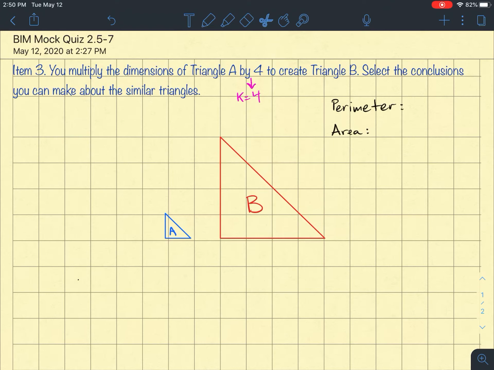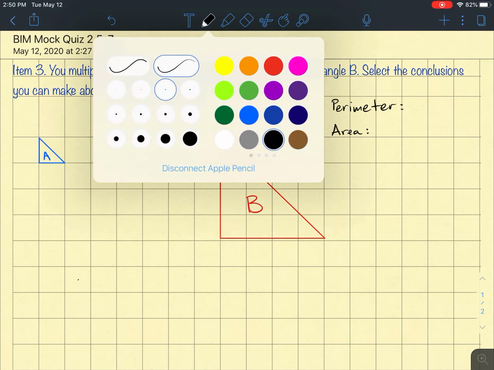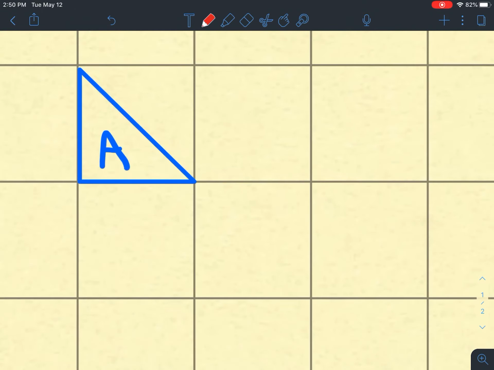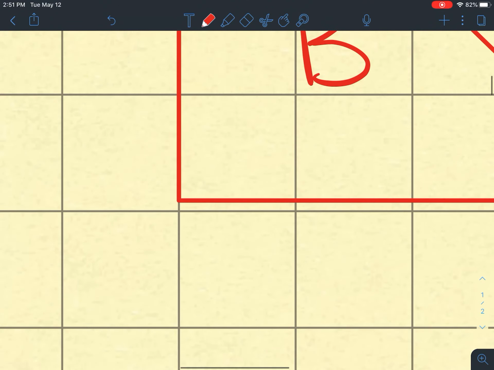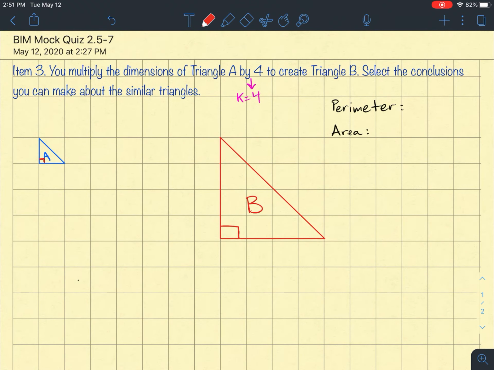So we have little triangle A. So this is the first one we're going to work with. If we take a little triangle A, and we're going to go ahead and say that this is a right triangle. And we're just going to give it some values so that you can see the math behind why this works.